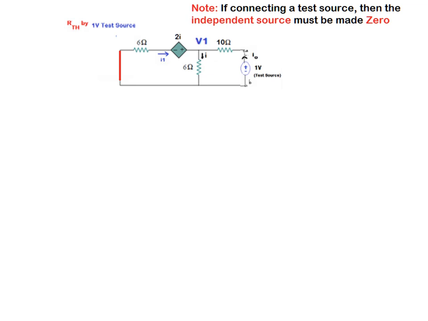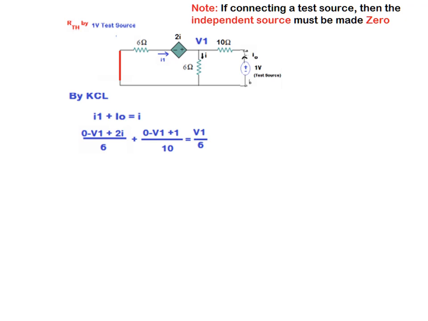The aim again is to find the current I naught. Okay, so by KCL we have taken 3 currents: I1 and I naught entering and I leaving.